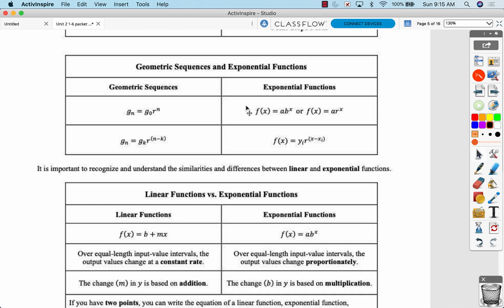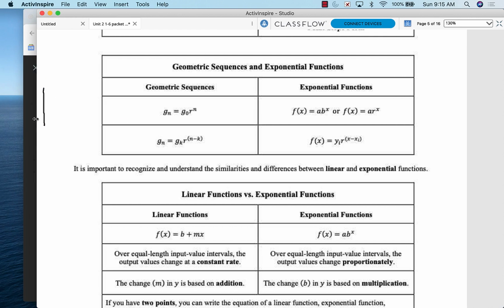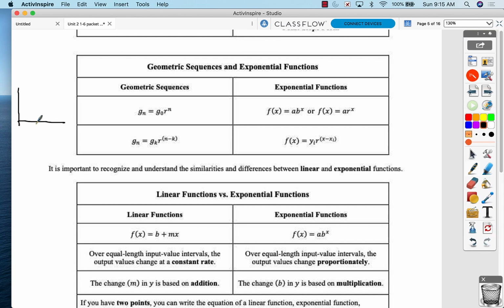Now, geometric is an exponential. So exponential could go two different ways. They kind of go real slow and then they get really, really fast. So that's a geometric sequence.